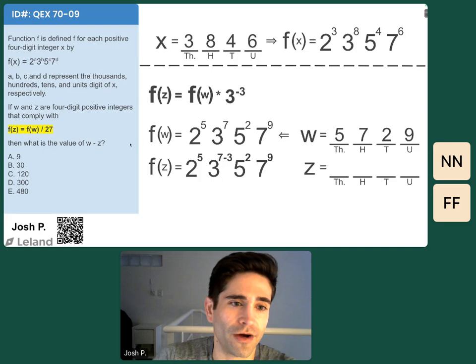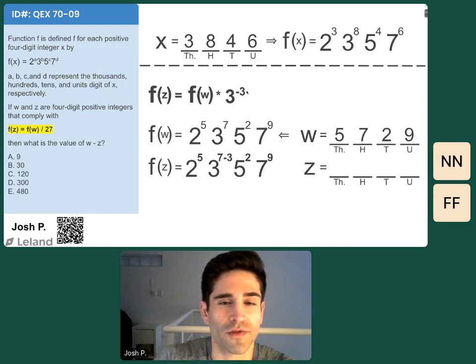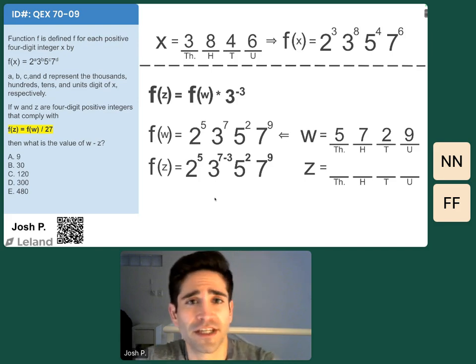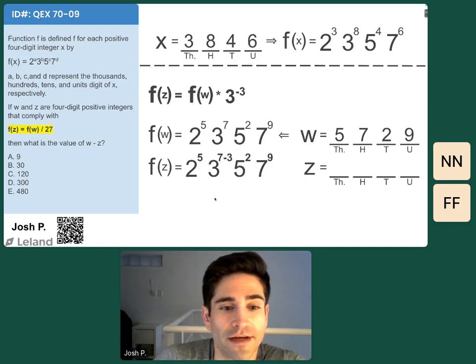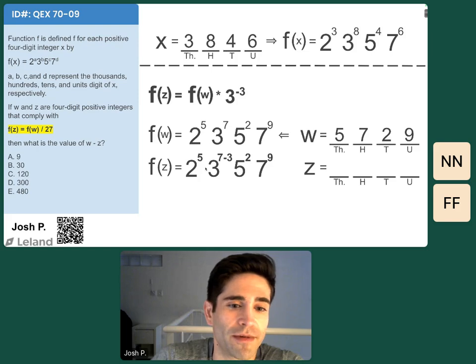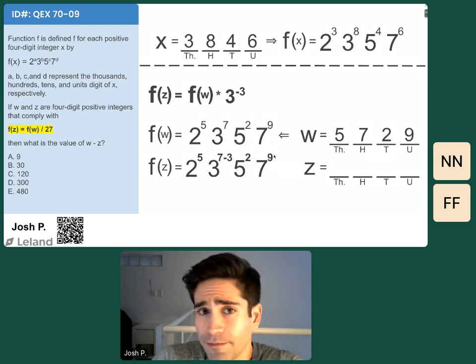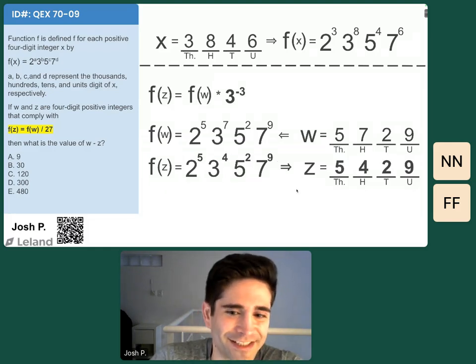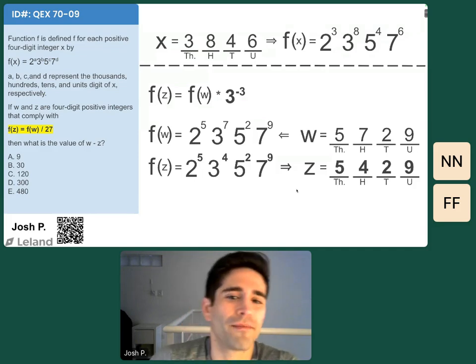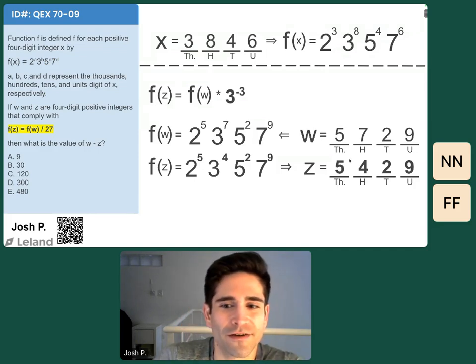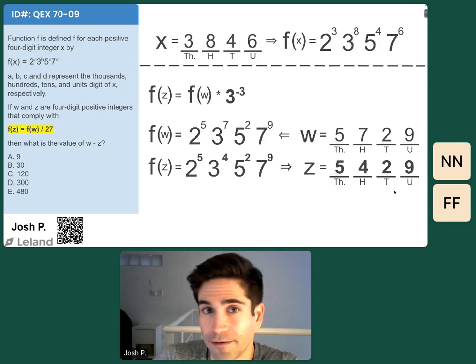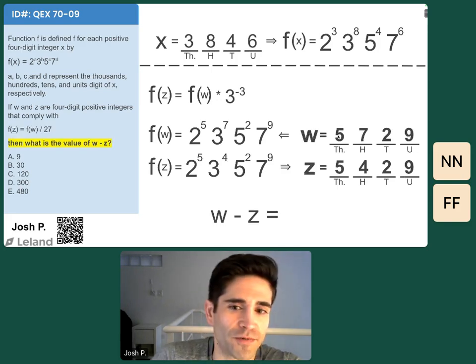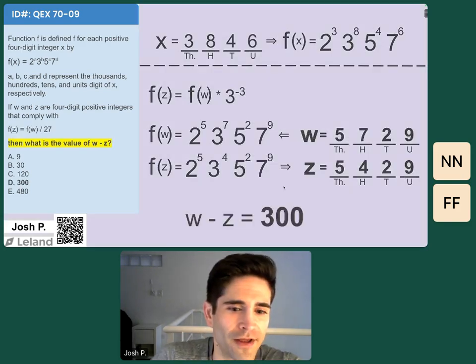Given that we know function z is this times 3 to the minus 3, essentially function z is 2 to the 5 times 3 to the 7 minus 3 times 5 to the 2 times 7 to the 9, which means, yes, that z must be 5,429. The difference between these two numbers, 300.